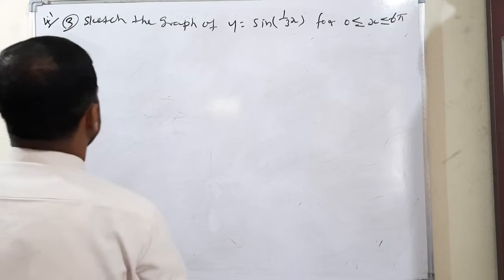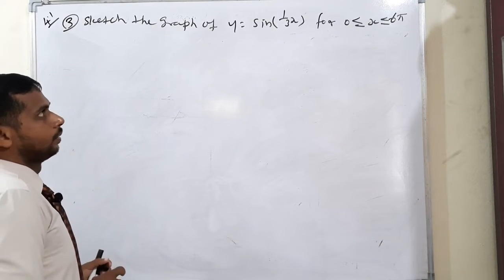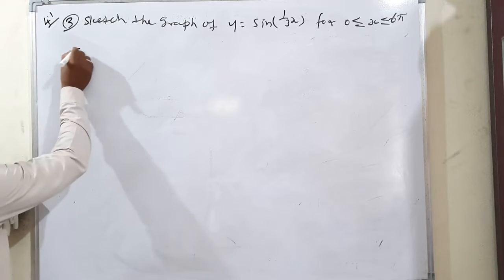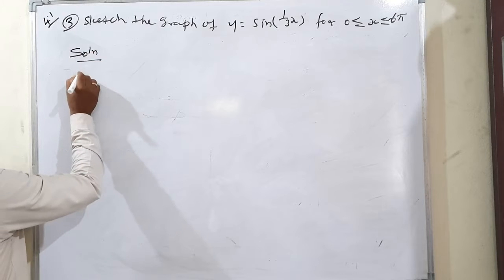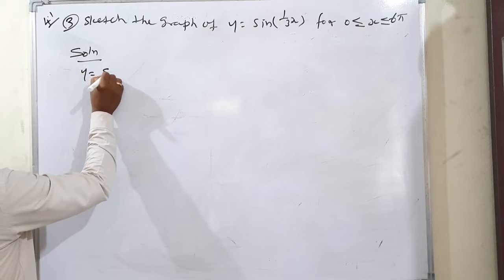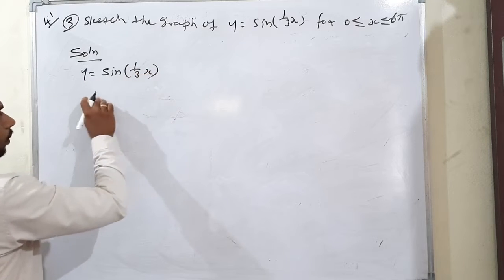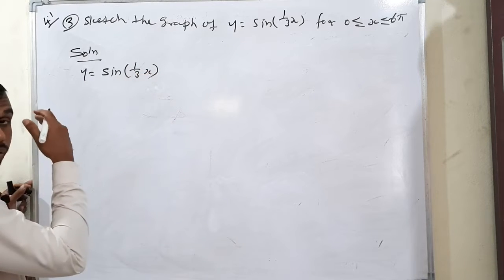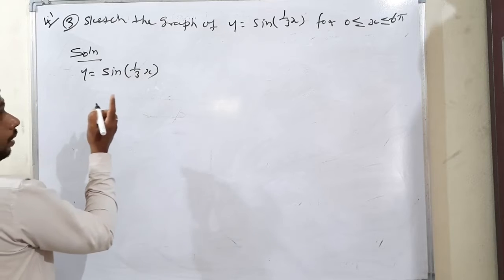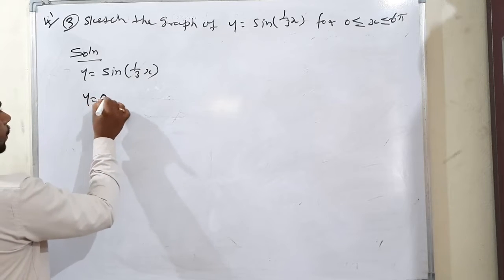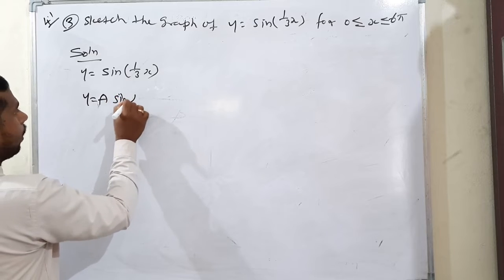What is the question? Sketch the graph of y is equal to sin of 1 by 3x. Solution. So y is equal to sin of 1 by 3x. The basic formula to apply for amplitude and period is y is equal to a sin alpha x.